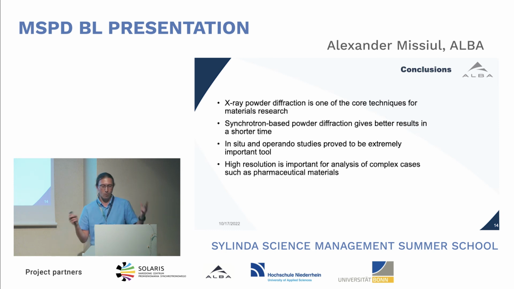And for more complex cases, like big unit cells, like pharmaceuticals, zeolites, metal organic frameworks, you need high angular resolution, and this also can be only achieved by synchrotrons. Well, so this is all. Thank you for your attention, and I don't know if we have a few minutes for questions.